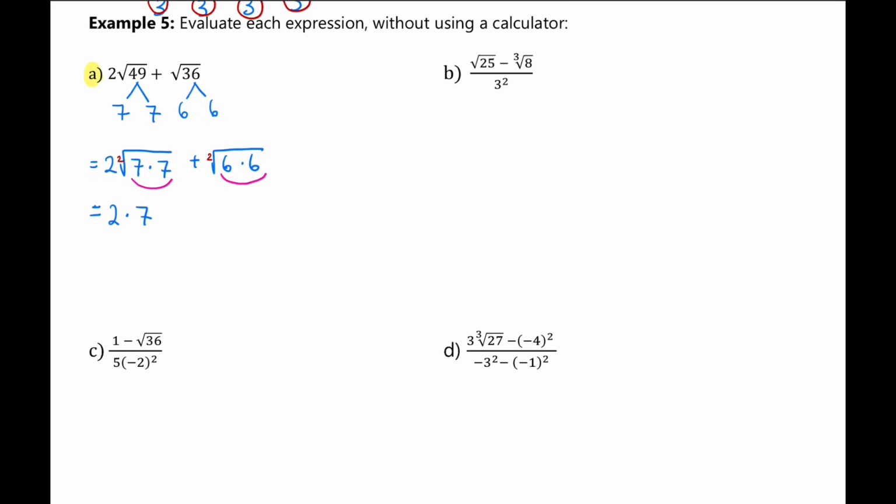And when you're multiplying 1, it really doesn't do anything. All right, here you go. And then plus we take one of the pair out, so we have 6. So this equals 14 plus 6, which equals 20. So you guys could work on the rest of this example.